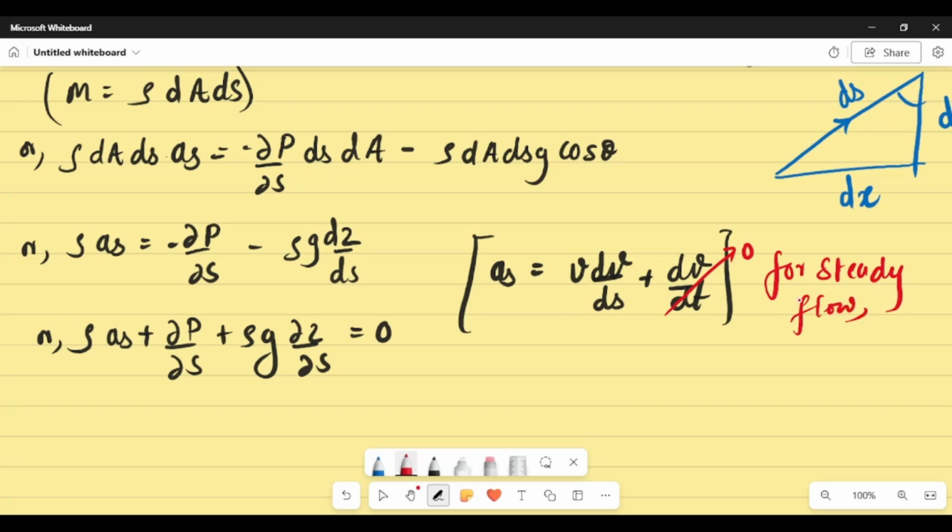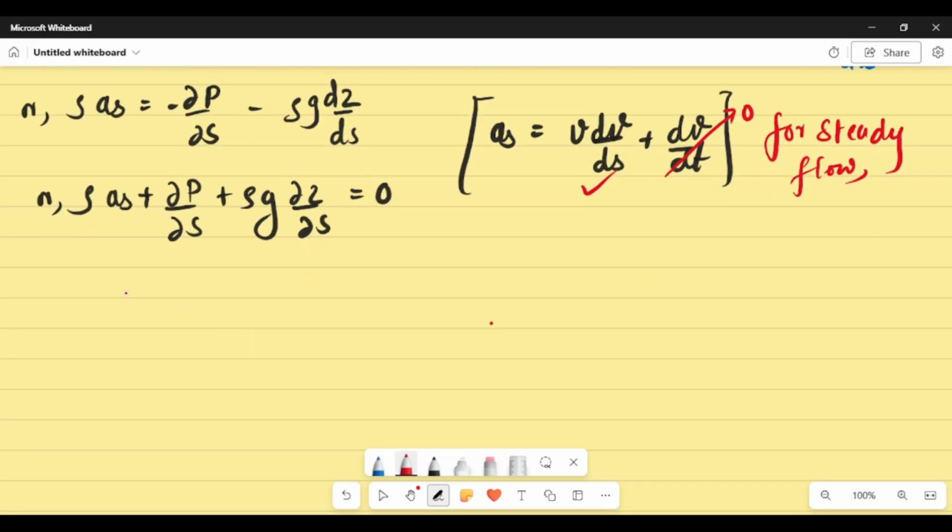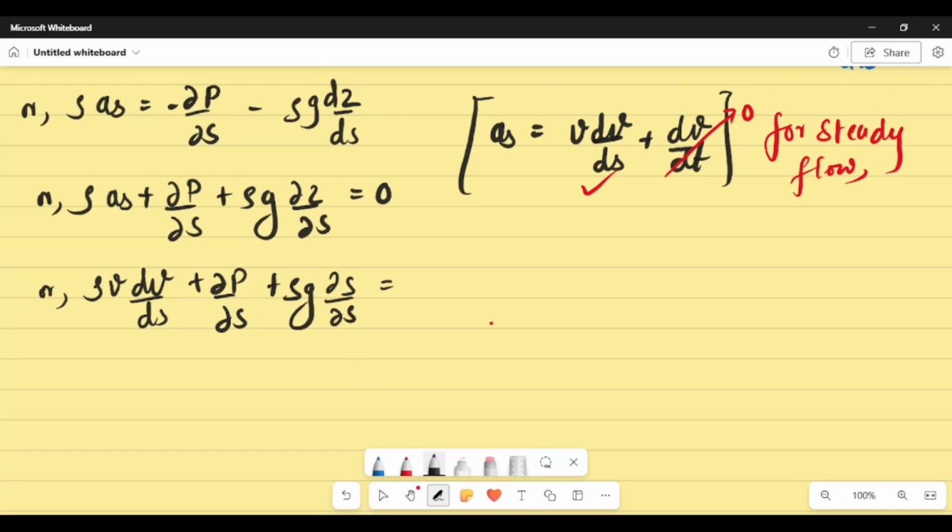There is no local acceleration of the fluid particle, so only this particular term remains. Replacing that in this equation, we get rho times v times dv by ds plus del p by del s plus rho g del z by del s equals 0.